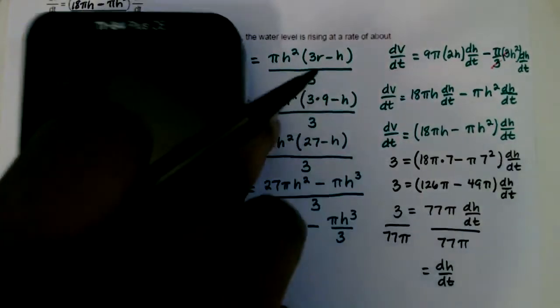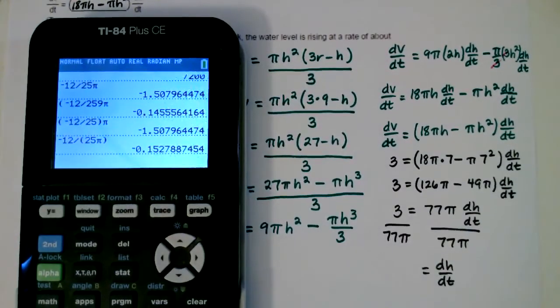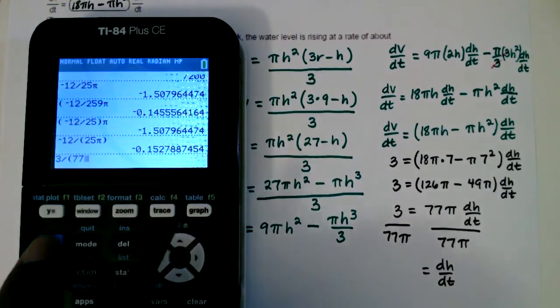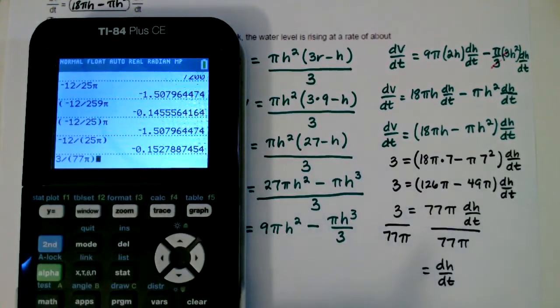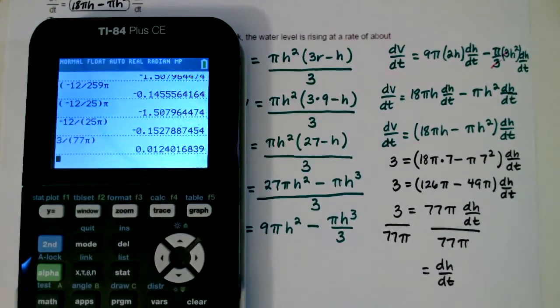So using the calculator, I'm going to have 3 divided by, and I'm going to put the denominator in parentheses, 77 second and the hat for the pi, close parentheses. That would be equal to, now the 3 decimal place, that would be 0.012.